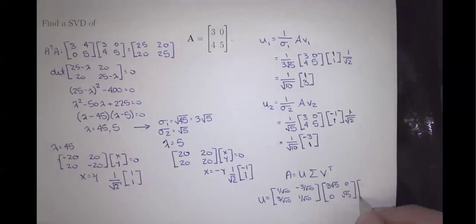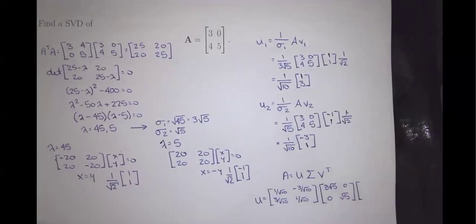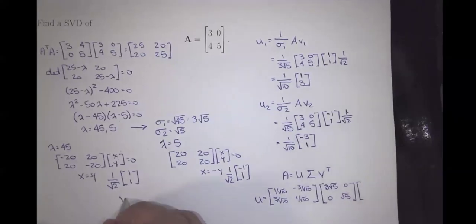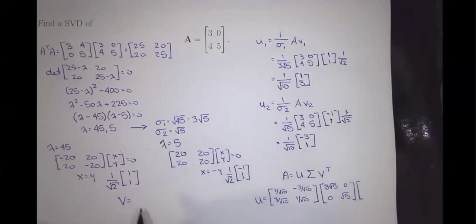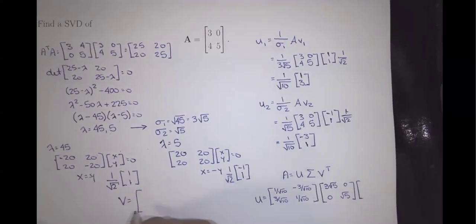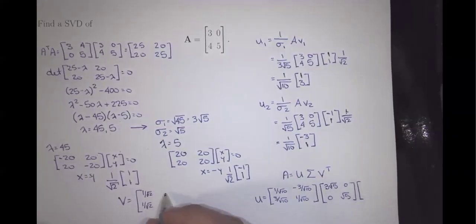And our V transpose, let's find our V first. Our V is made up of the eigenvectors. So 1 over root 2, 1 over root 2, negative 1 over root 2, 1 over root 2.